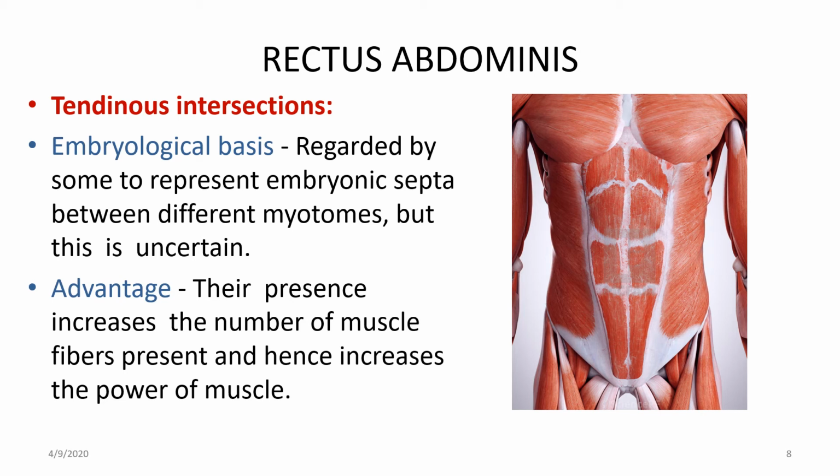Here you are seeing the two rectus abdominis muscles with the tendinous intersections. What is the embryological basis for these tendinous intersections?